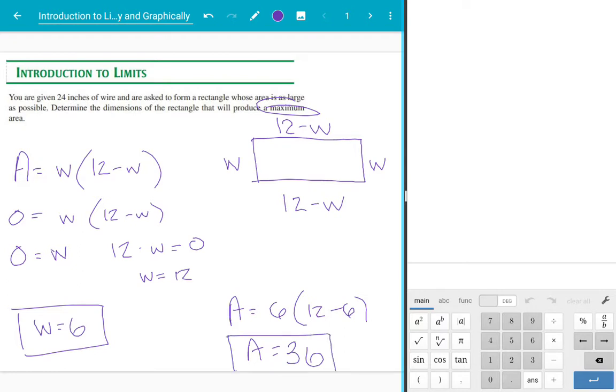Okay? All right, so this kind of information that we're finding is good in the application sense, right? If we're looking to determine a rectangle that's going to form a maximum area, let's say you have a cattle herd or something like that, and you want to find the maximum area for your cows to roam around in your farm.